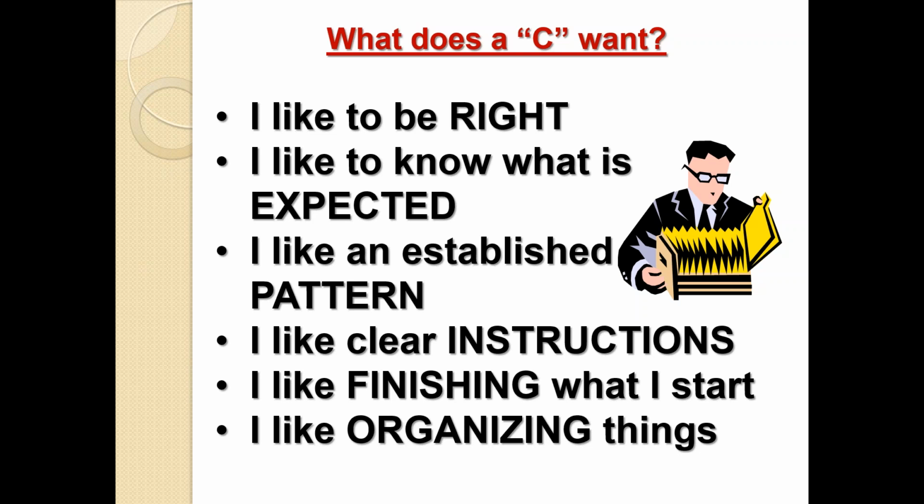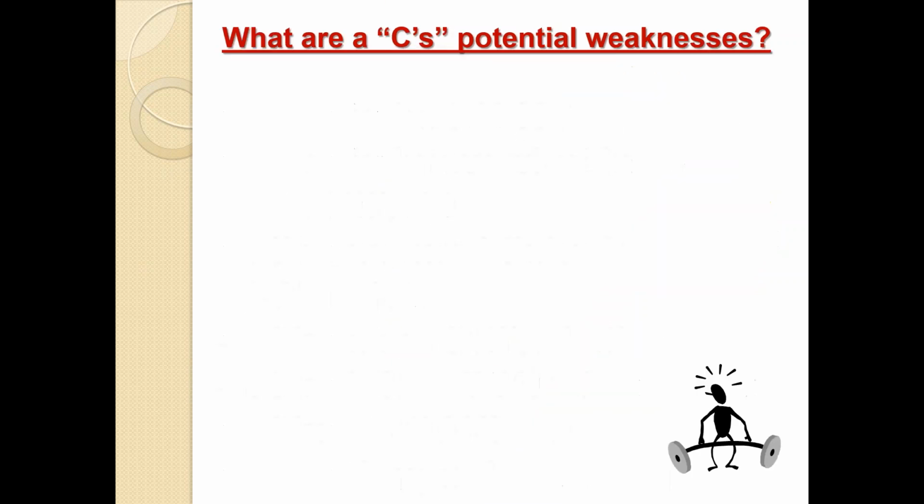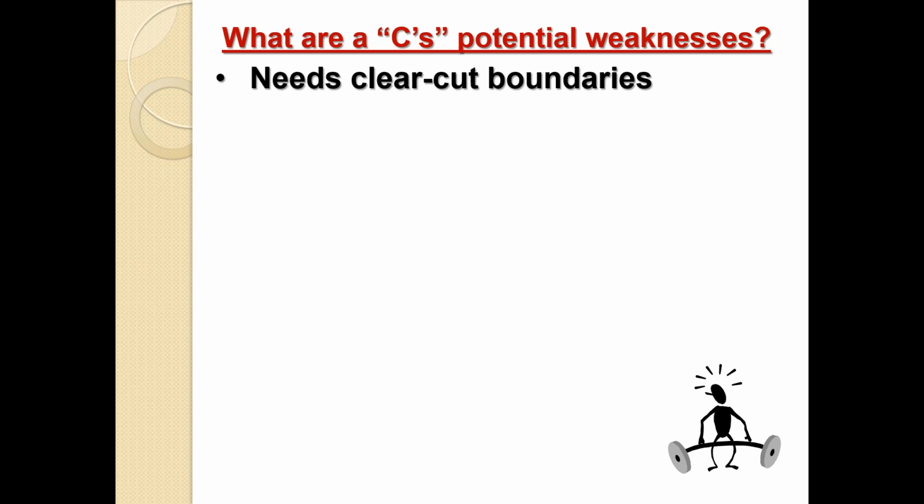They love organizing. They have organizational OCD. And they like things done right. So what's a potential weakness for a C? In a C's world it is right, because there's logic or fact to back it up. So they need clear-cut boundaries.